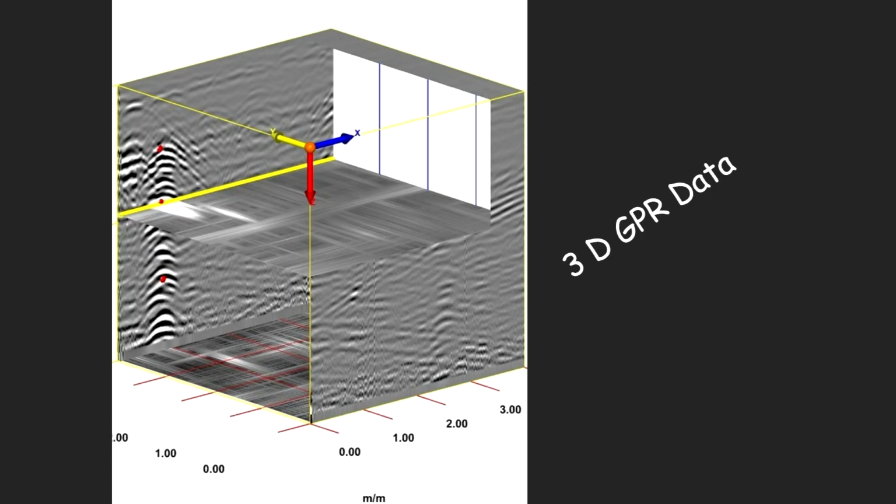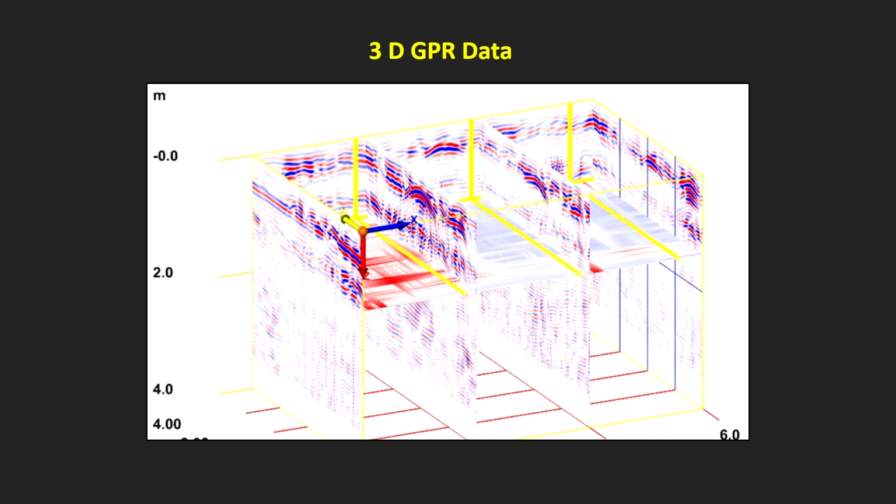Further, we will see what we have gained in this. For example, this is another profile which shows the utility at different depths based on the hyperbolas. As I was mentioning, you can also understand the direction or alignment of the utility. For example, if you take this hyperbola here, we have different slices at different intervals in terms of the vertical section.